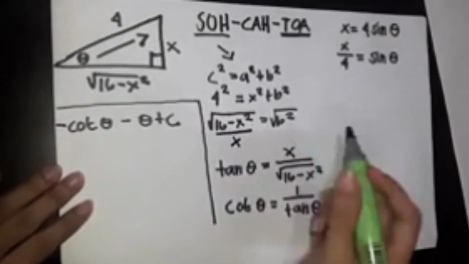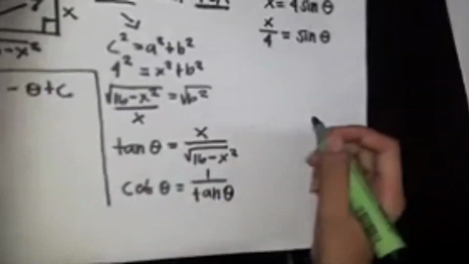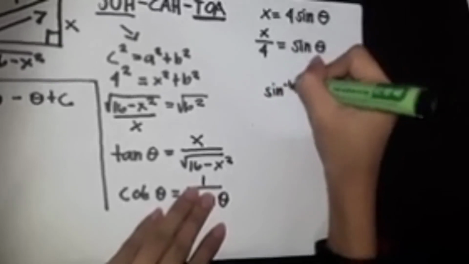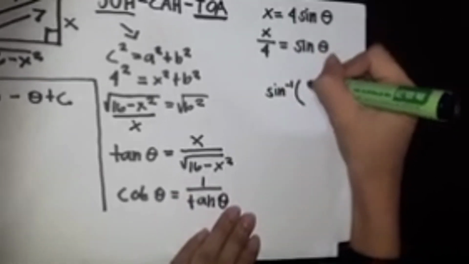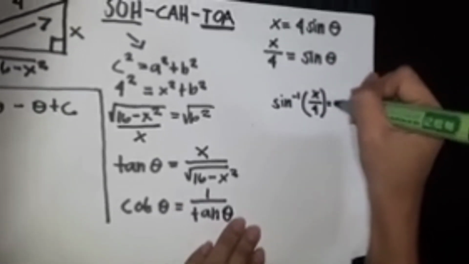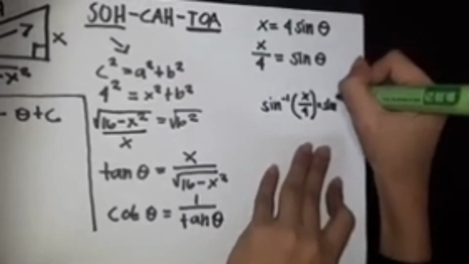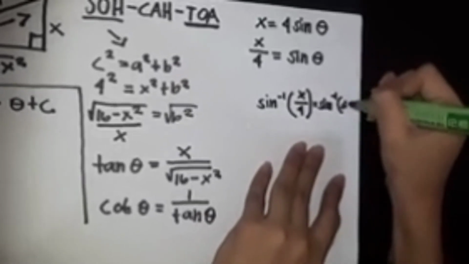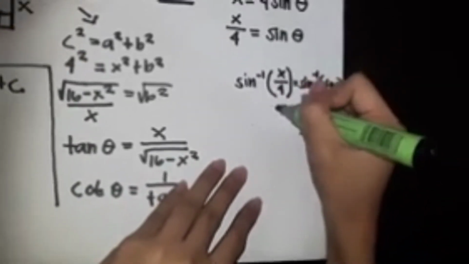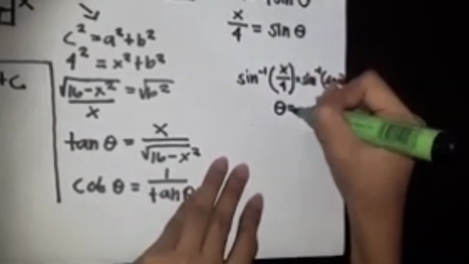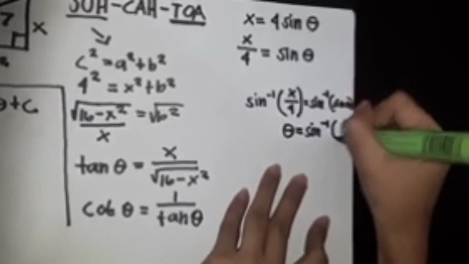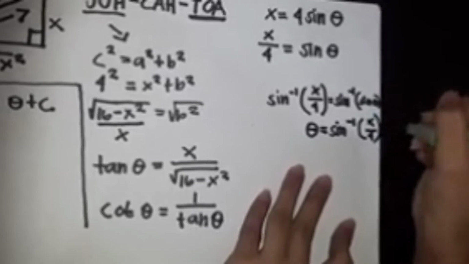Now, we will solve for our theta. So, arcsine of x over 4 is equal to arcsine of sine theta, and theta is equal to arcsine of x over 4.